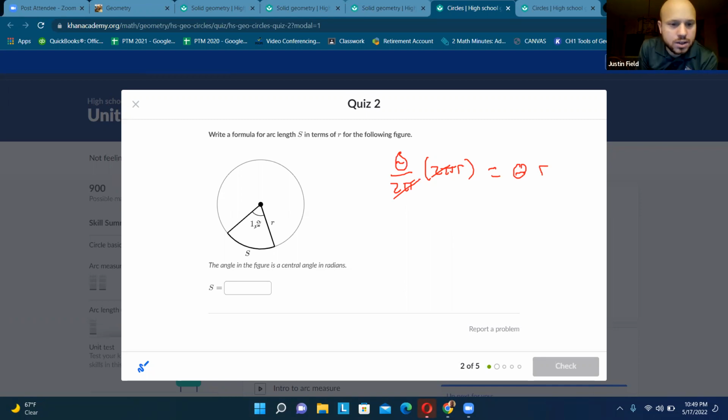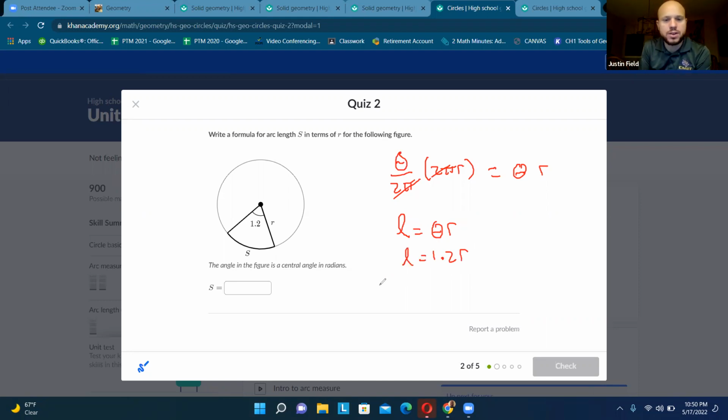Okay, so our central angle is 1.2, and we want to write the formula for the arc length S in terms of r. Remember, L is going to be our arc length, and we know 1.2 is our theta, so 1.2 r.